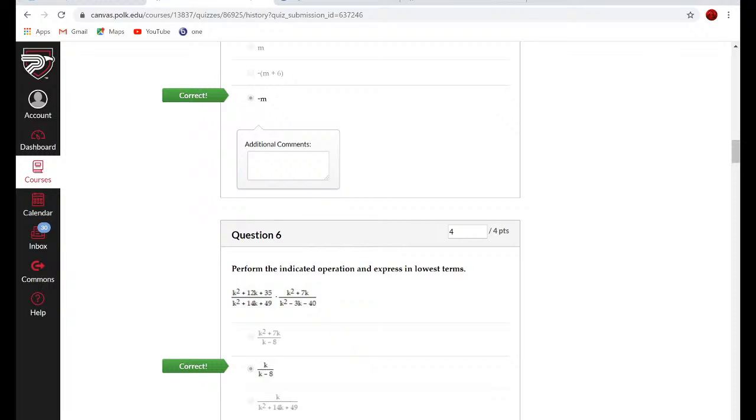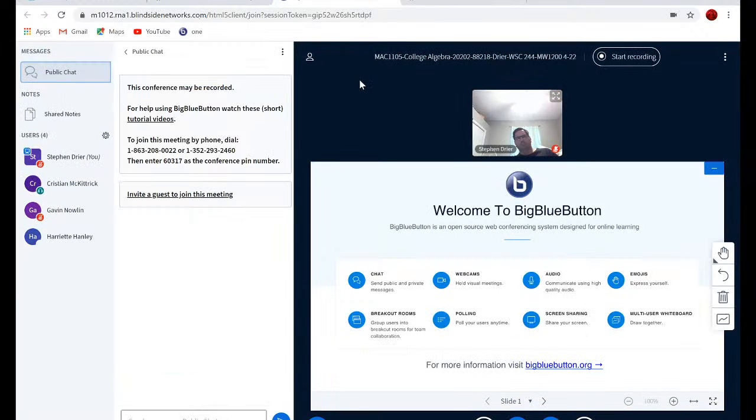How would you do that? x plus 4 in parentheses, and then x minus 1, over x minus 1, x plus 1.